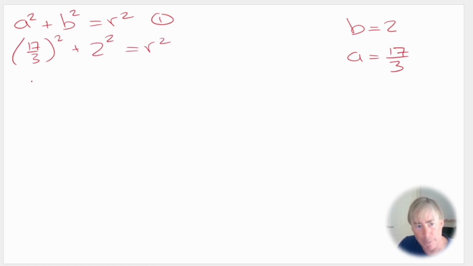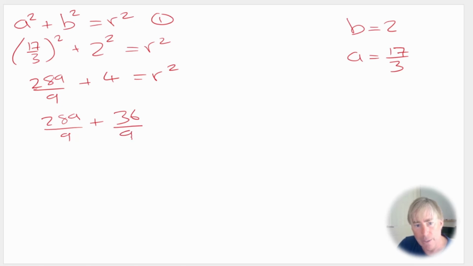I'm going to clean this up a bit. Off the top of my head, I think that's 289 over 9 plus 4 is r². So 289 over 9 plus, we're going to make this over 9, so 36 over 9 gives us our 4.